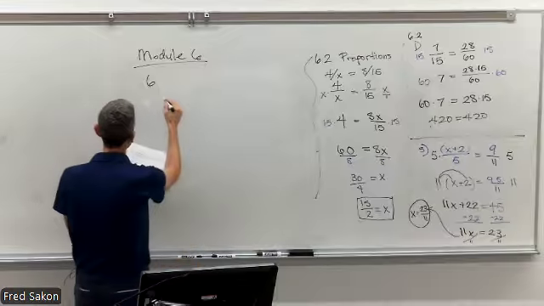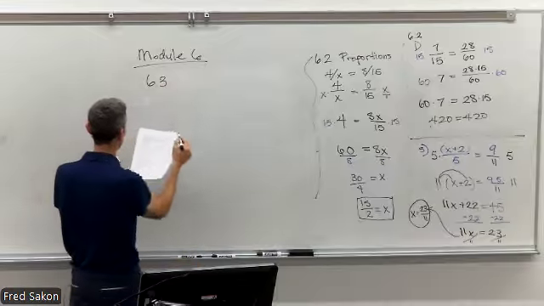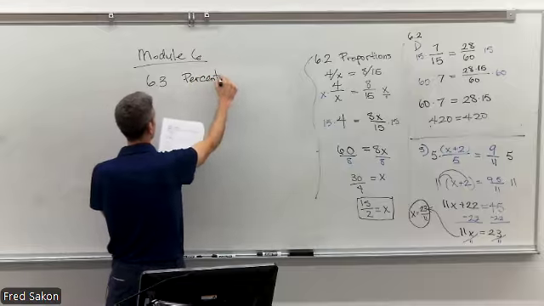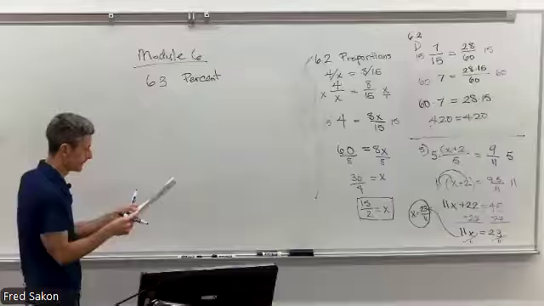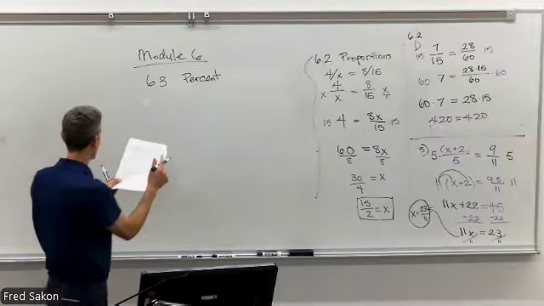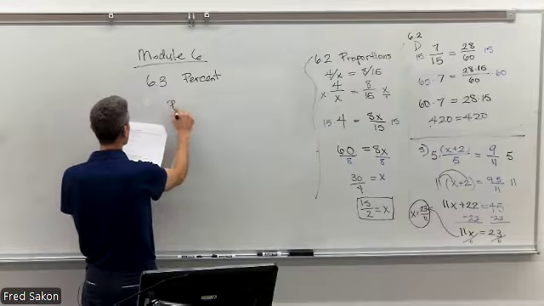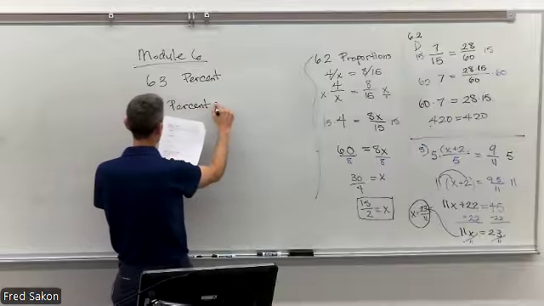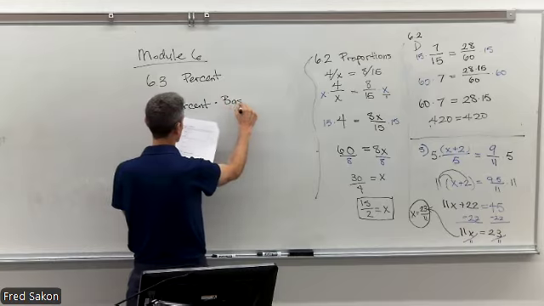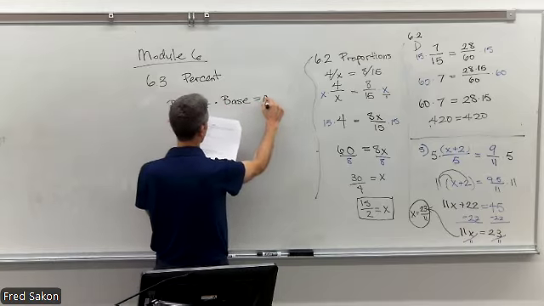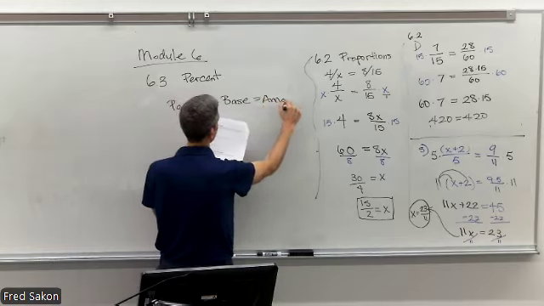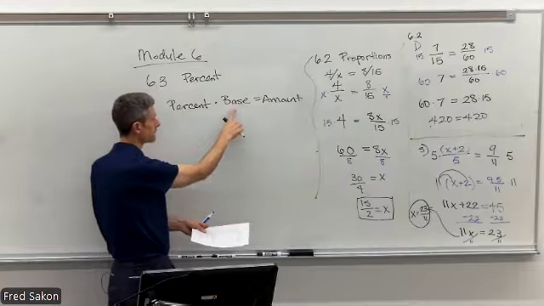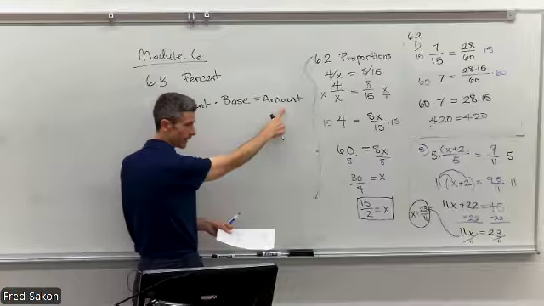We have some percent examples of using equations on 6.3. The go-to setup for percent equations is that if you're looking for blank percent of something is a certain amount.